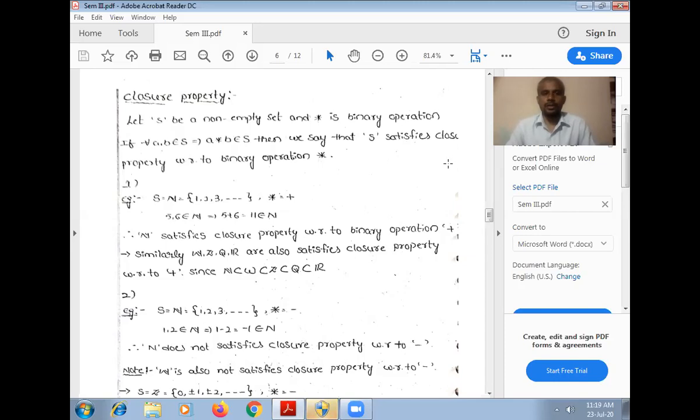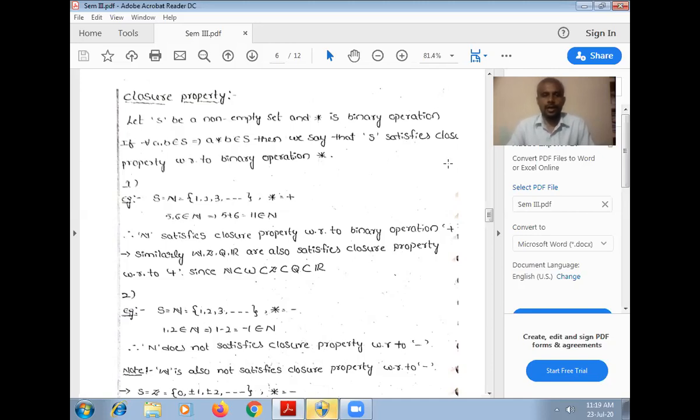So it means if we take any non-empty set and take any two elements in the set, apply the binary operation, and the result belongs to S, then star satisfies closure.